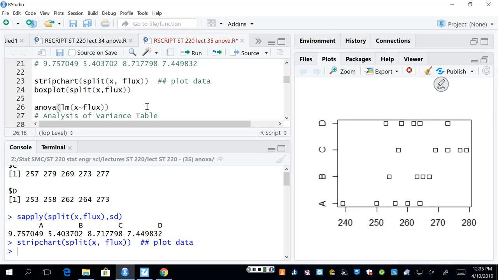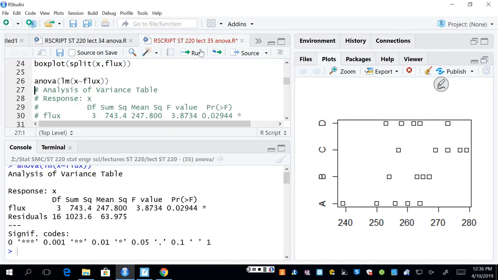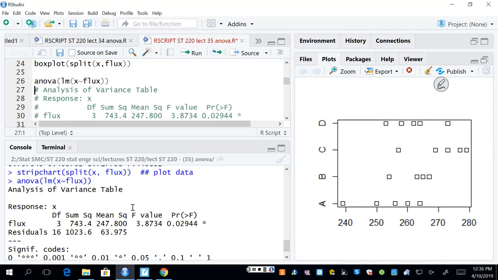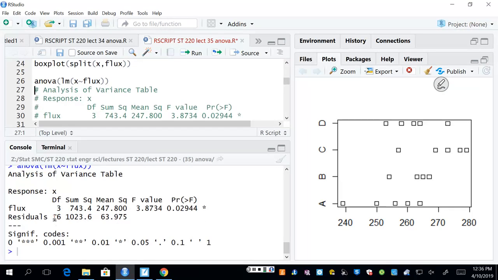Because we have 4 groups instead of just 2, we're going to use ANOVA, analysis of variance, instead of t procedures. If you do the analysis of variance, it gives you the degrees of freedom, the sums of squares, mean squares, F, and then this p-value out here.